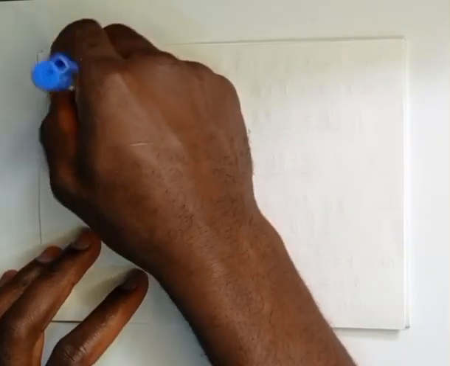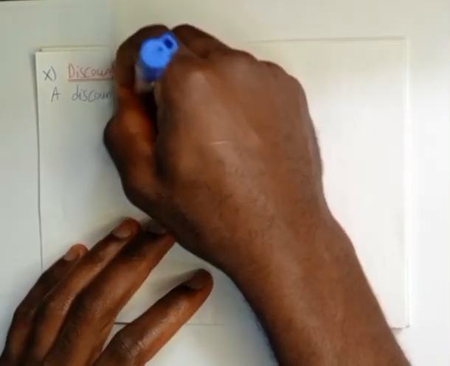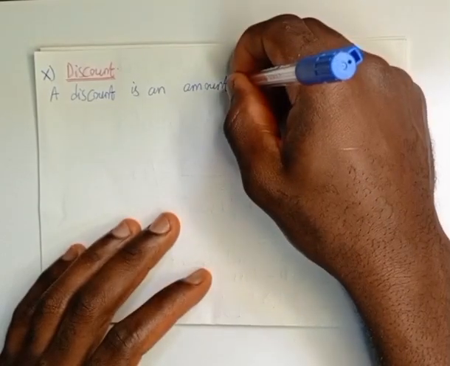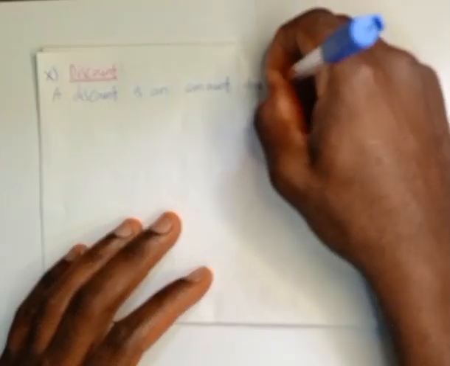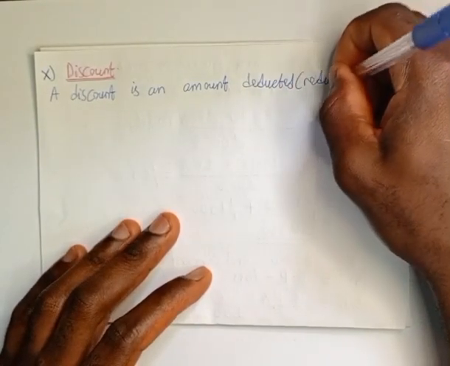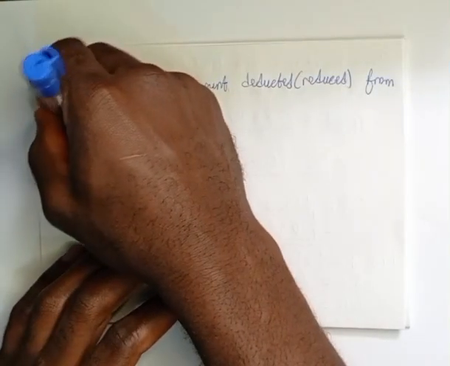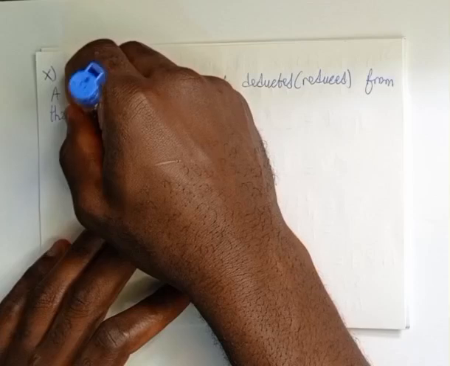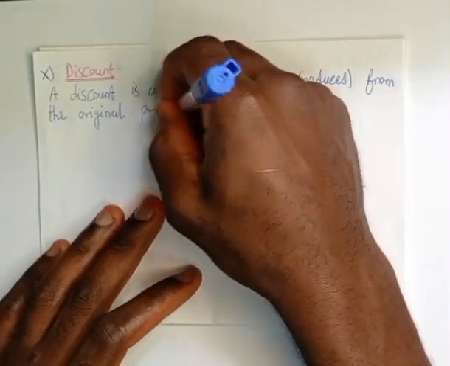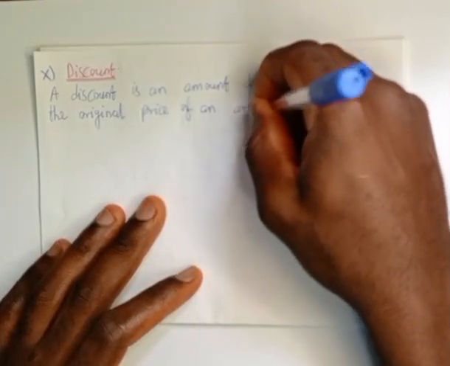Take this down. A discount is an amount deducted (bracket reduced) from the original price of an article.